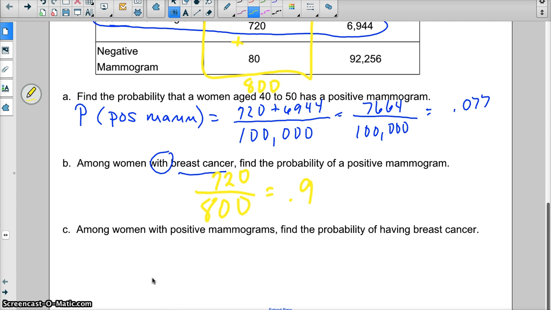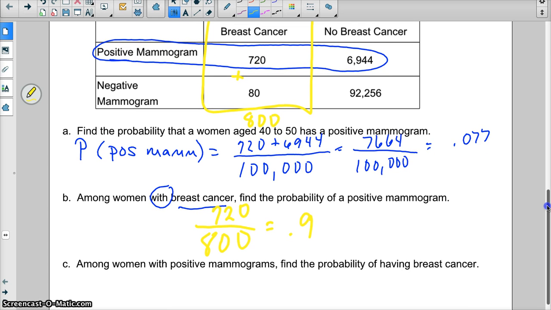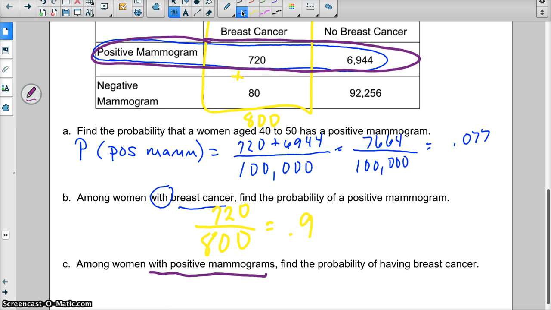Among women with positive mammograms, find the probability of having breast cancer. What's going to be in our denominator now? The number of positive mammograms. It says among women with positive mammograms, so this is our denominator, find the probability of having breast cancer.